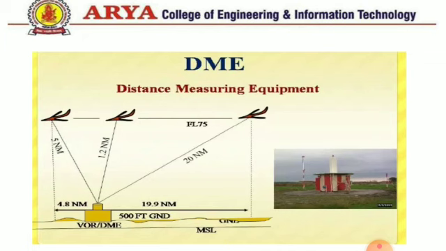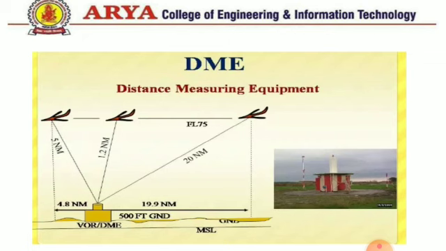As shown in the figure, the distance from the ground station, the slant range, is indicated, and you can get a variation from 20 nautical miles to 5 nautical miles. If the aircraft flies at the same altitude, from the slant range you can also estimate the exact height above the ground by using standard trigonometry.